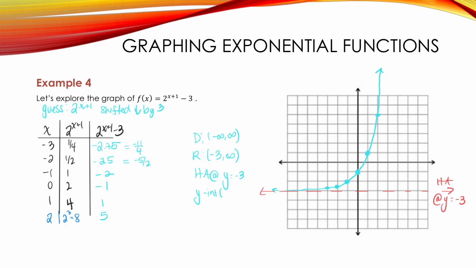Our y-intercept this time is 0, negative 1, because remember we shifted it first to the left and then down by 3. And we still see it increasing. But it definitely follows the same rules for transformations that we saw in Unit 3.